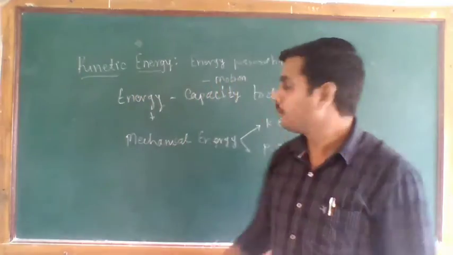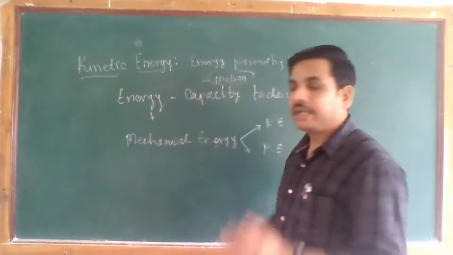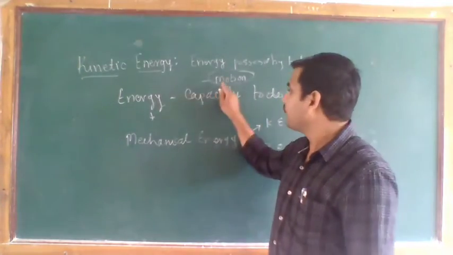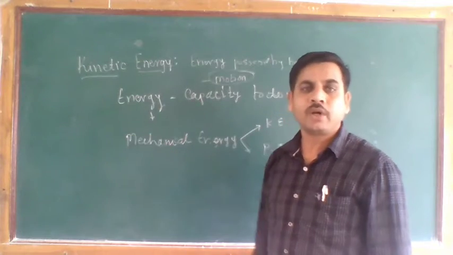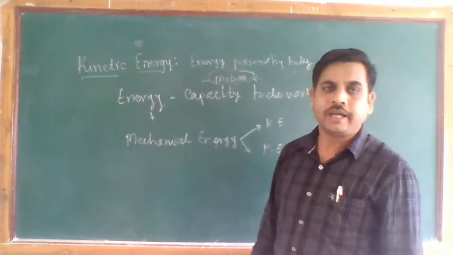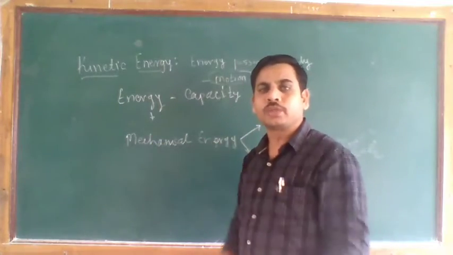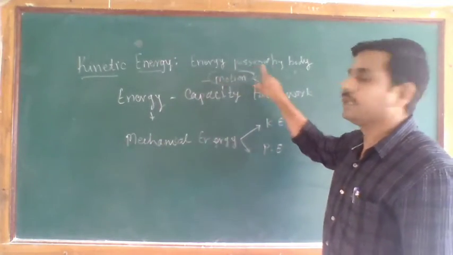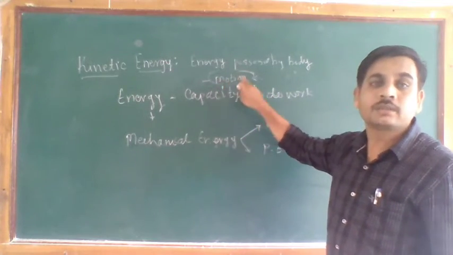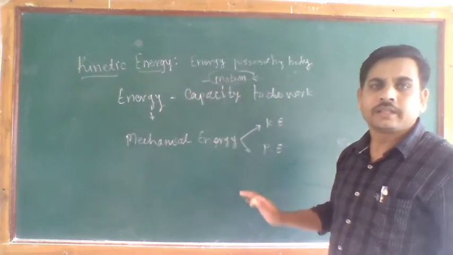When any object is in motion, when you apply a force on the body, then this body gets in motion. If this body is in motion, we can say that this energy is possessed by the body by virtue of its motion.